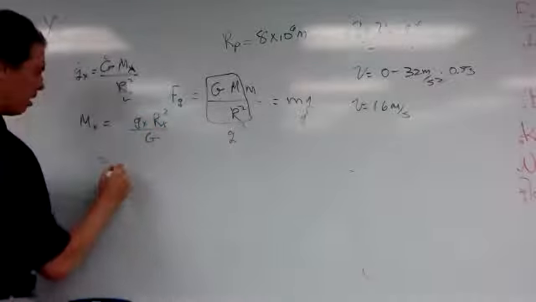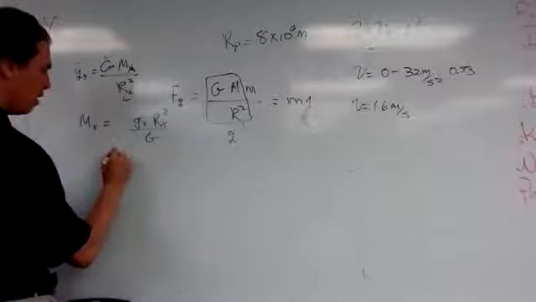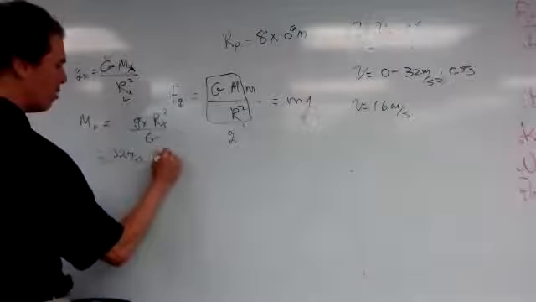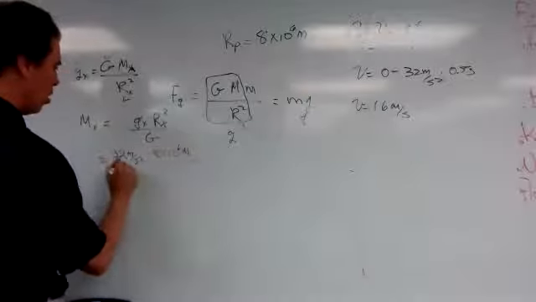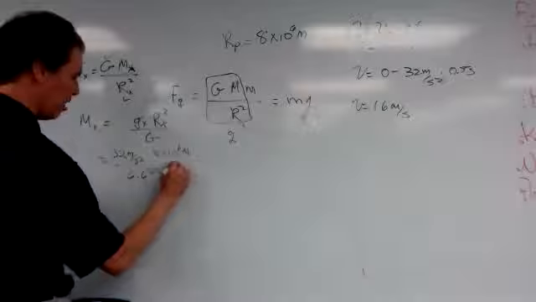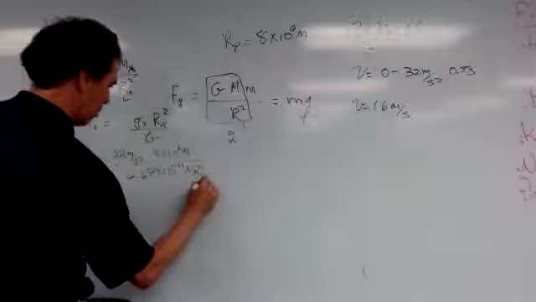And so this is, what did I say, was it 32? Times 8 times 10 to the 6 meters over 6.67 times 10 to the negative 11 Newton meters squared per kilogram squared.